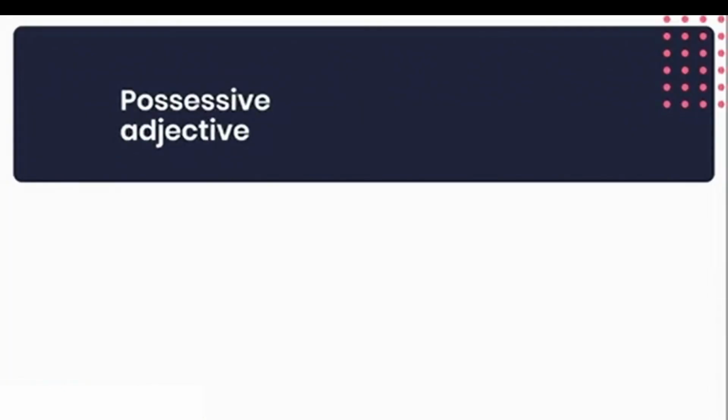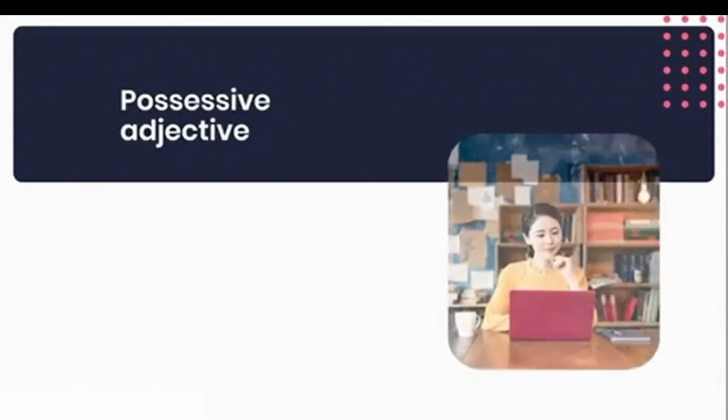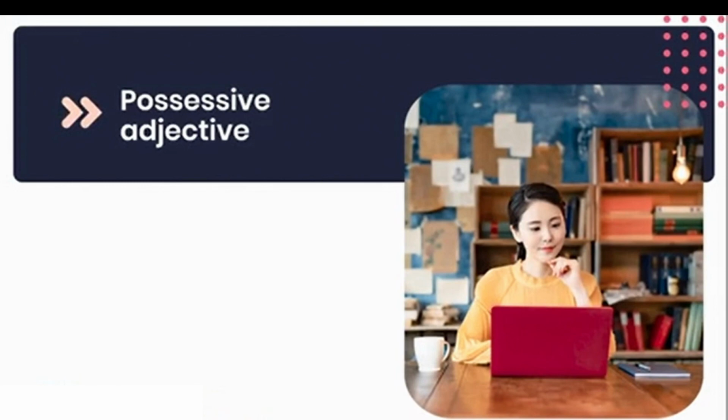The next type of determiner is a possessive adjective. An adjective is an entirely different part of speech that we will learn about in the next lesson. But a possessive adjective, which is a specific type of adjective, functions as a determiner.